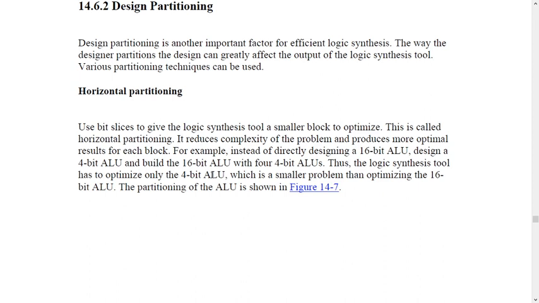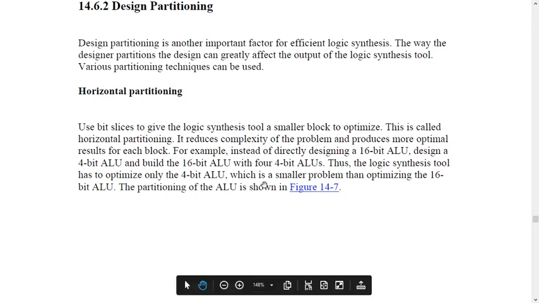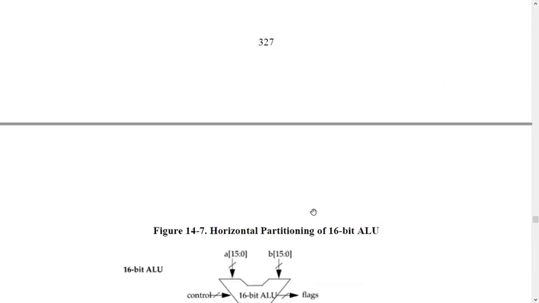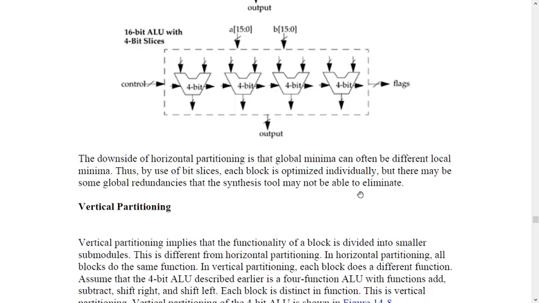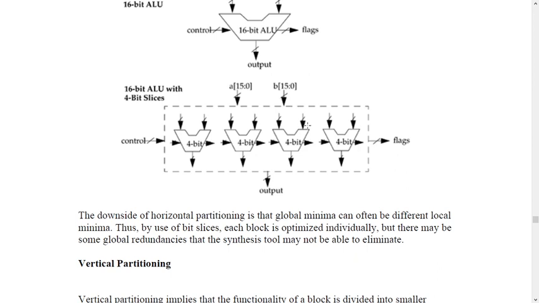Obviously, it requires less time, and with respect to efficiency also, the 4-bit ALU optimization is likely more effective as compared to the 16-bit ALU, which is a smaller problem than optimizing the 16-bit ALU. So that is the partitioning of the 16-bit ALU as shown below, with respect to horizontal partitioning.